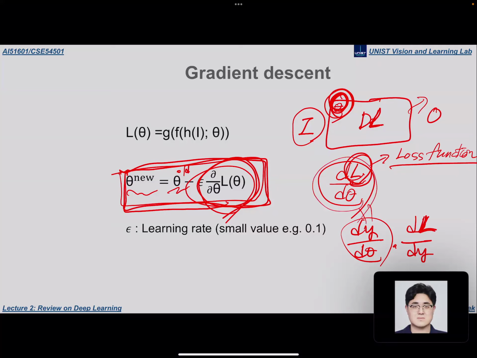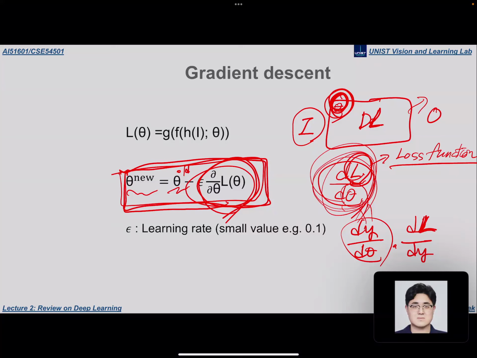So anyways, this term represents how much the loss function, the distance between the final prediction and ground truth, changes according to our parameters. Okay? This gradient term, you already know this, right? You may have learned about this in high school.